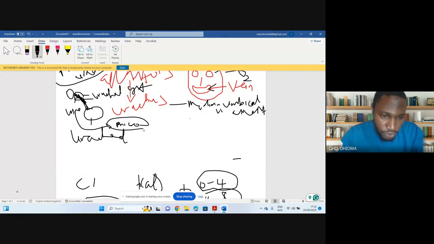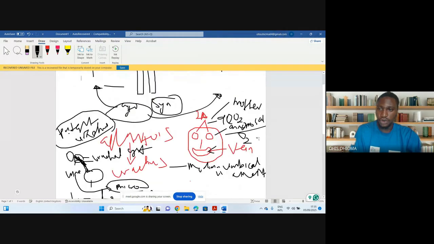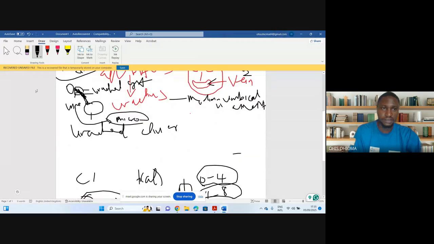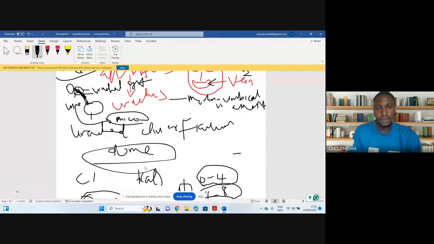Now, what happens when you have a urachal diverticulum? A part of the bladder will herniate into that urachus that is patent. And that part, most times, is the dome of the bladder.